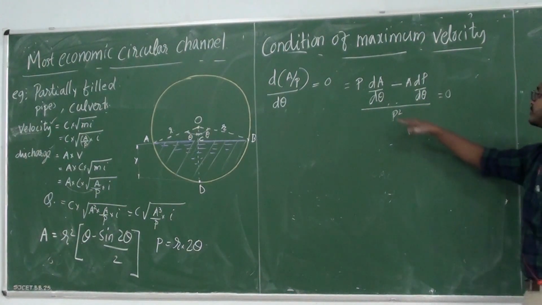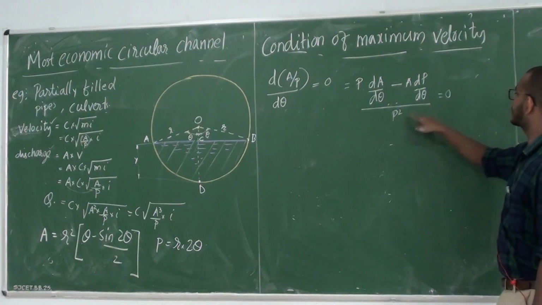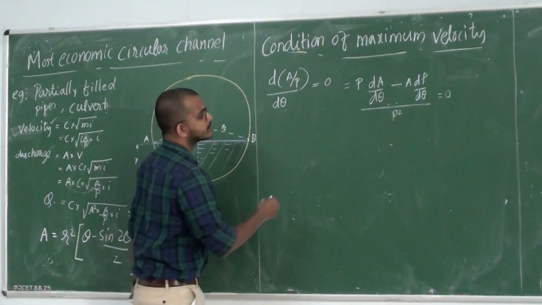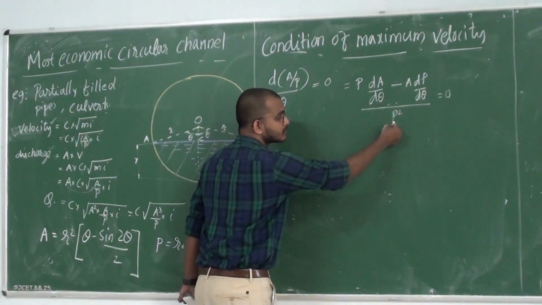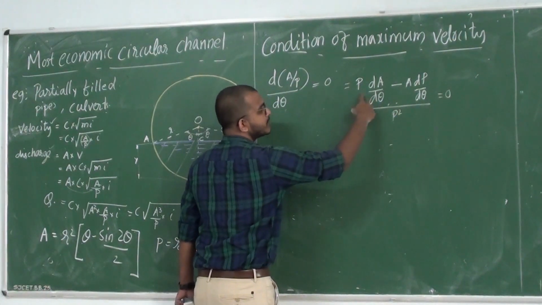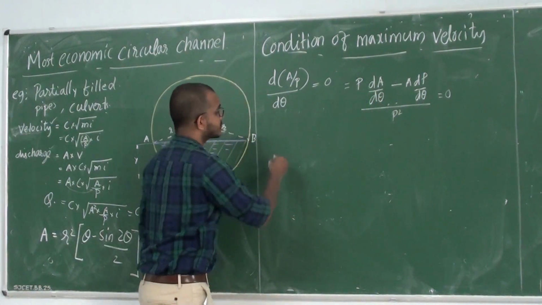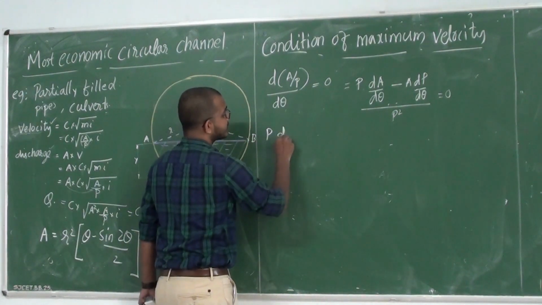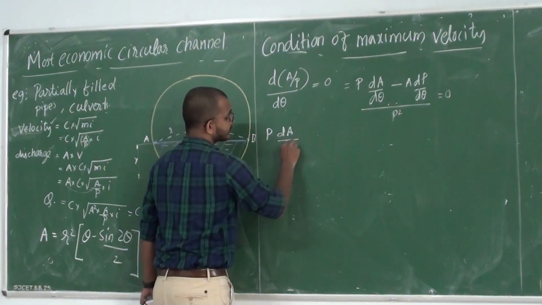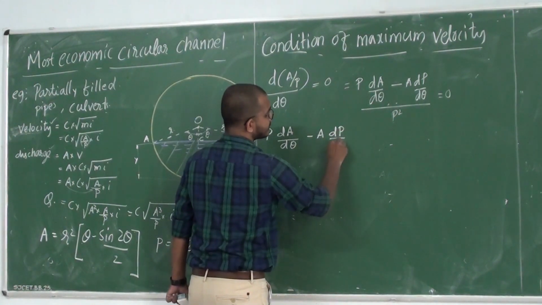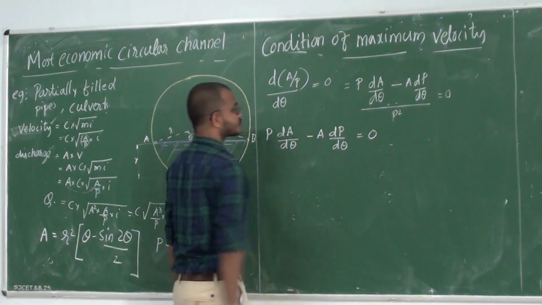P square cannot be 0, so this value is 0 when the numerator is 0. That means P into dA by d theta minus A into dP by d theta equal to 0.